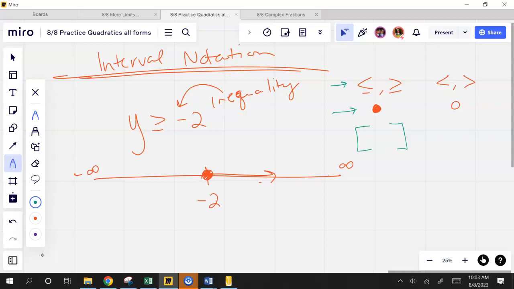If there's no line under it and it's an open dot, we're going to use a parenthesis, and that's going to clue me in that it includes it or it doesn't include it. So if you see a bracket, it includes. If you see a parenthesis, it does not include.